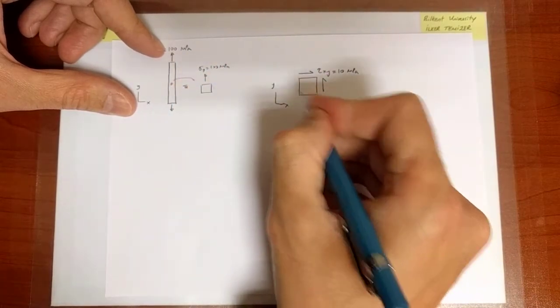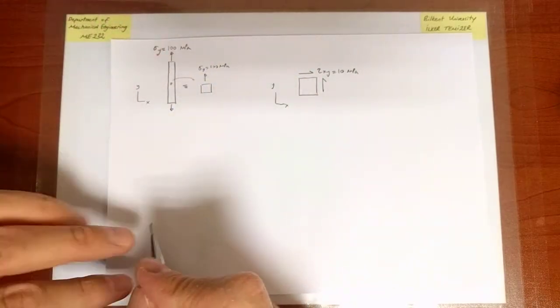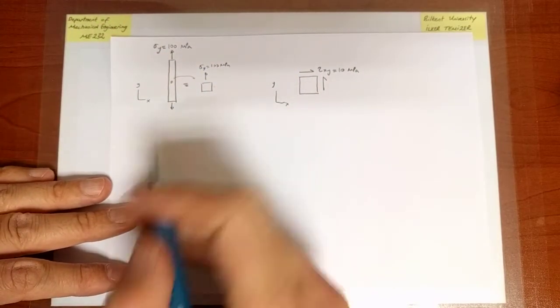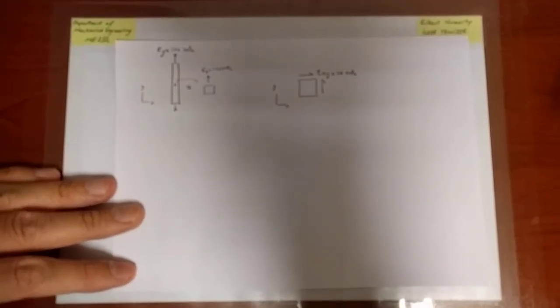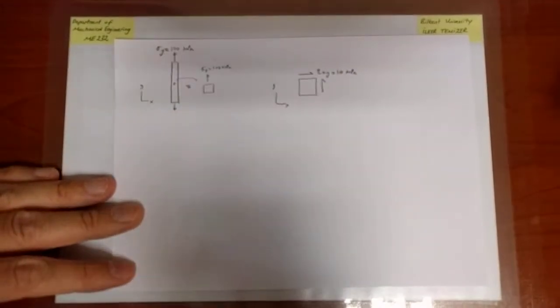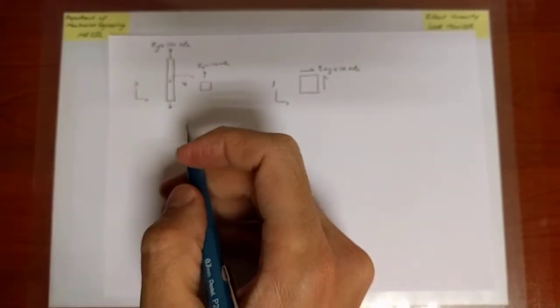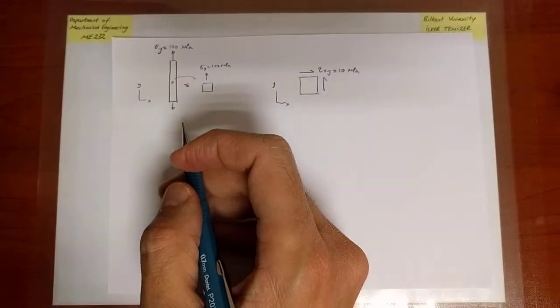It goes without saying that on the opposing faces there are also similar stresses; I'm not drawing those in general. Okay, so what we would like to do now is find the principal stresses associated with these problems.